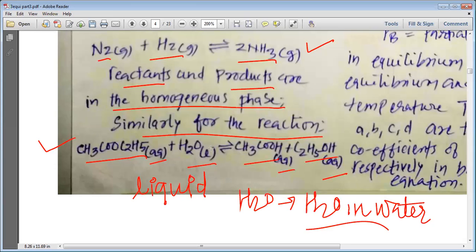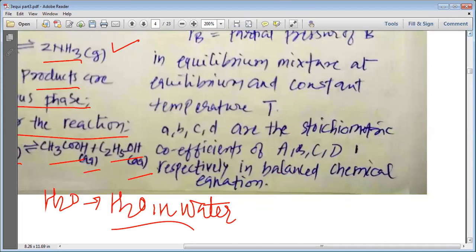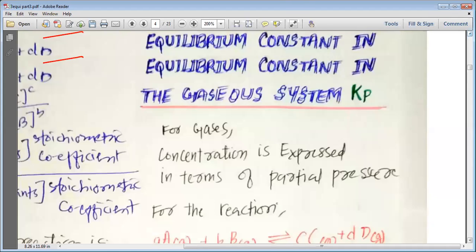So this is how we can say that this is also a homogeneous equilibrium. Those equilibria where all the reactants and products are in the same phase are known as homogeneous equilibrium.